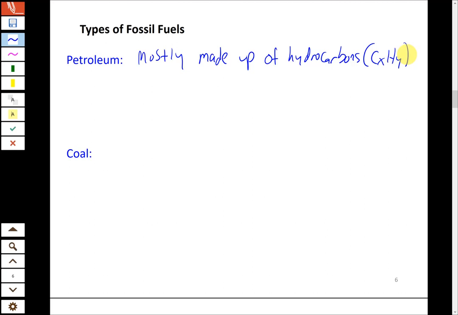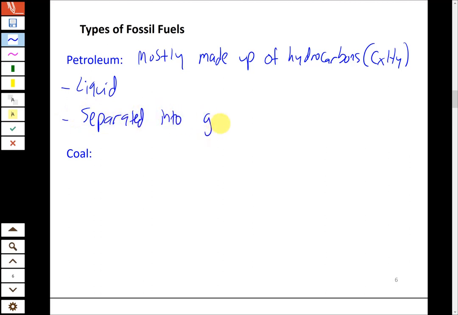Now, the different types of fuels that we get from petroleum sources, as we'll talk about, they're mostly liquid. So petroleum itself is a liquid, and then most of the things that we separate and use out from that are also liquids. And they're separated into different components that we use as fuels.